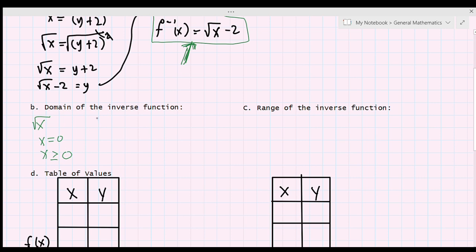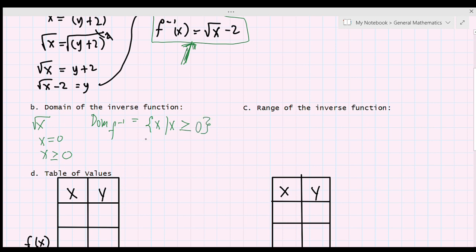So, meaning to say, our domain here, we need to select the positive numbers inside of this radical symbol for us to be able to avoid the irrational number or the imaginary number. Ano po? Okay, the domain of this inverse function will be the set of all possible values of x such that x must be greater than or equal to 0.